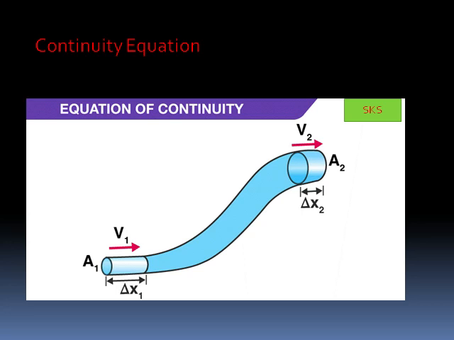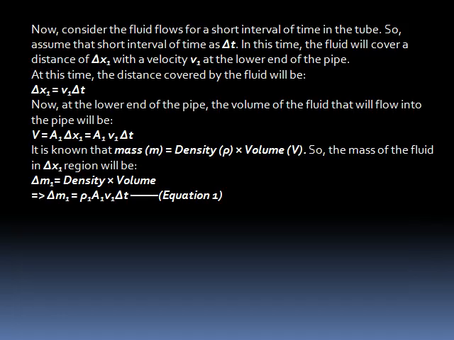V2. Further we will see the derivation. We consider a short interval of time. In this time the fluid will cover a distance delta x, let us assume, with a velocity V1 at the lower end of the pipe. The distance covered by the fluid will be delta x1 is equal to V1 delta t.